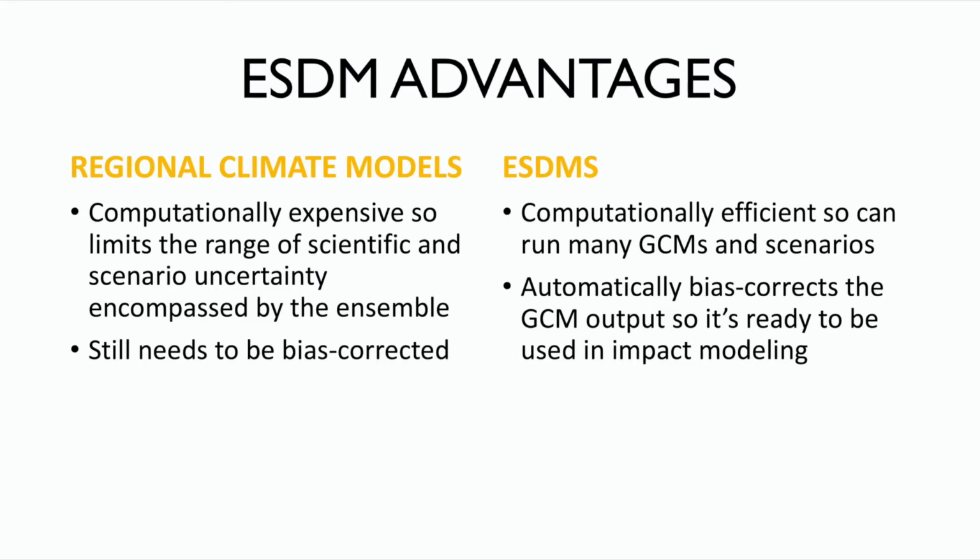Well, that offset is primarily due to the fact that we're using parameterizations over large grid cells, whereas with a statistical model, because it's trained on the observations, it actually bias corrects it. So you will get 14.5 or 14.4, forget what I said, average millimeters of rain for that spring. Regional climate models, on the other hand, would still have to be bias corrected, so there's still an extra step.